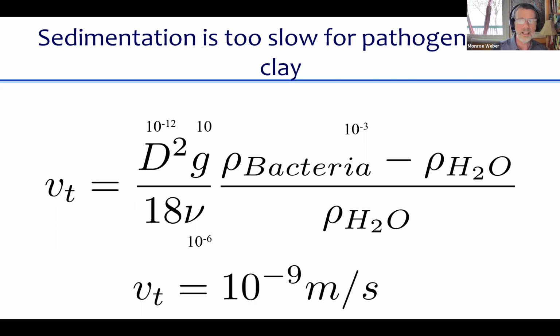So that whole term, rho bacteria minus rho water over rho water, ends up being 10 to the minus 3, because of that small difference between water and bacteria. Viscosity is about 10 to the minus 6. You crank all that through, and you get a terminal velocity on the order of 10 to the minus 9 meters per second, which is a nanometer per second.